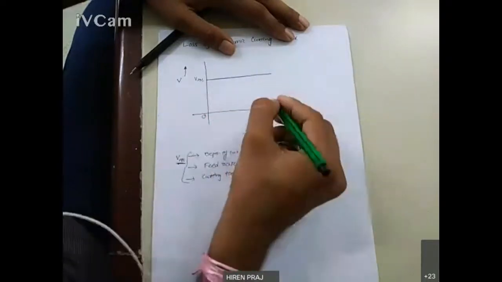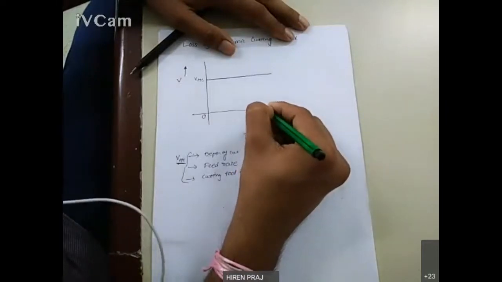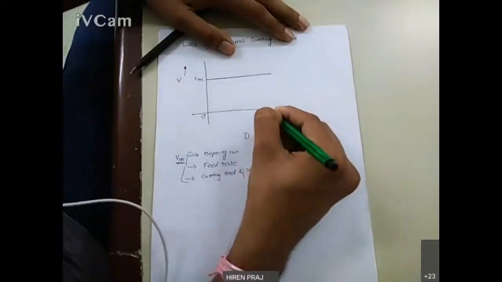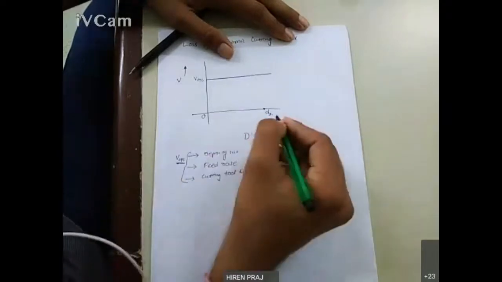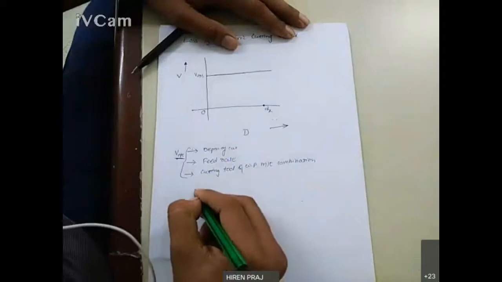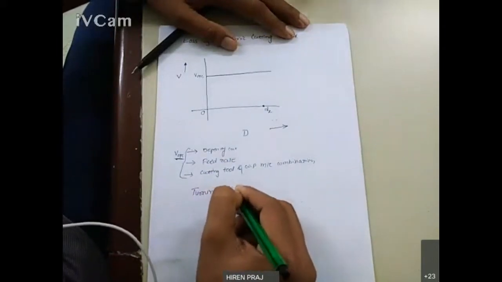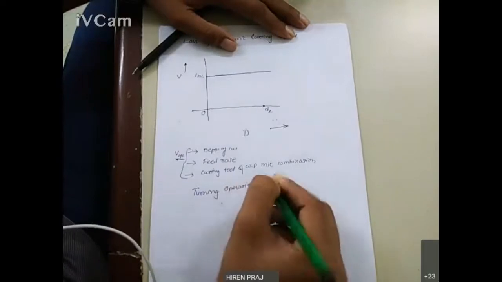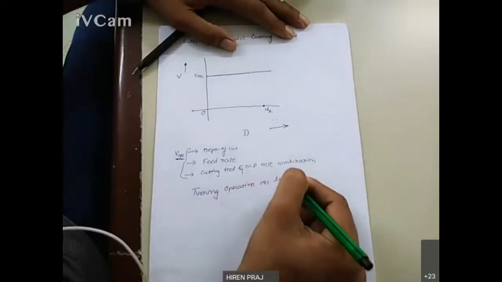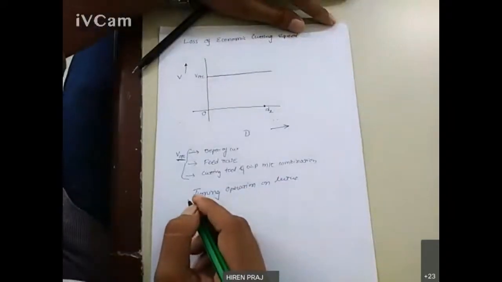Now let's consider one diameter. This is the diameter Dx. For turning, we are again assuming turning operation on lathe machine. In most of the cases, we will be taking example of turning operation on lathe machine.